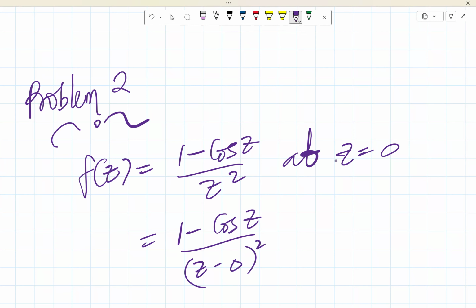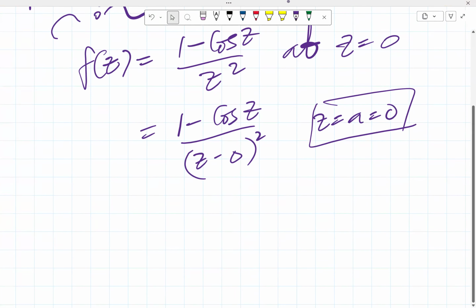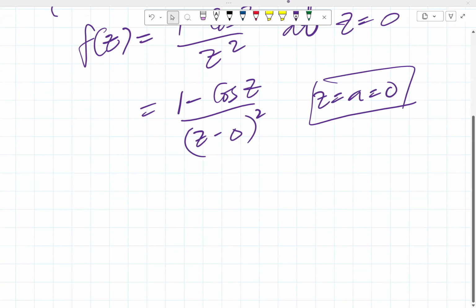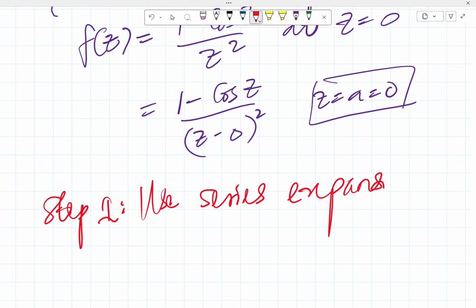That is why our a here, z equals a, is actually 0. If you don't see anything, a is automatically 0. With that in place, we can go for the steps. Step 1: we use series expansion.